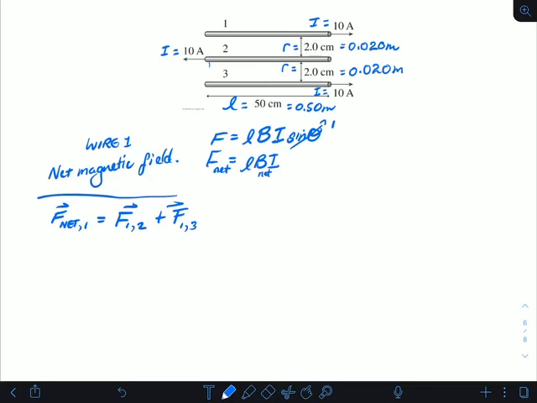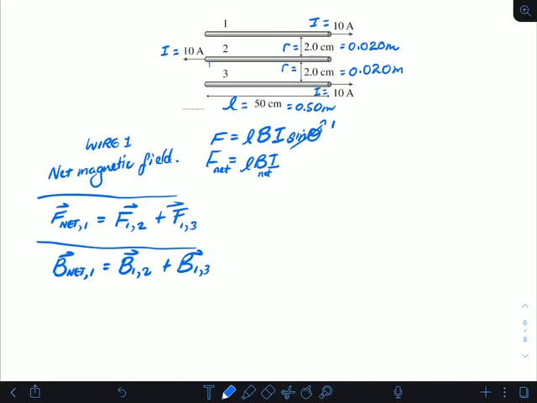I'm sorry, I keep going back to force, but let me just go to magnetic fields first to cut down some calculations. So B net on 1 is equal to the magnetic field at the location of 1 due to 2, plus the magnetic field at the location of 1 due to 3.